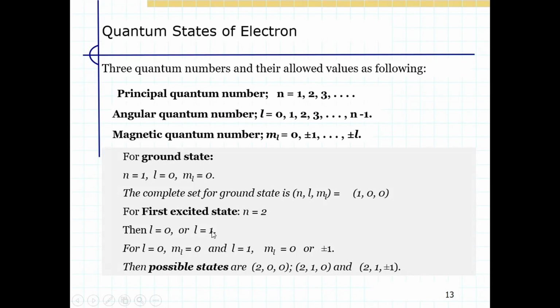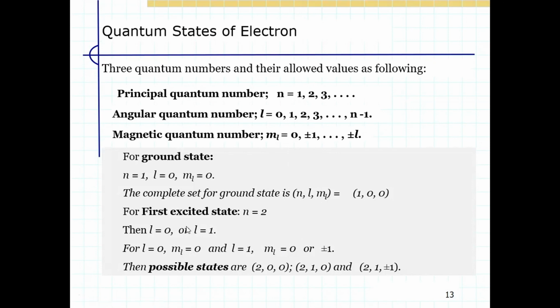And for L equal to 1, ML can have value 0, minus 1, and plus 1. Therefore, there are three possibilities for L equal to 1: 0 and plus minus 1.